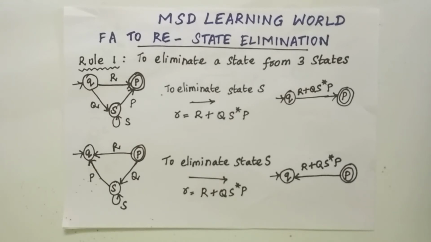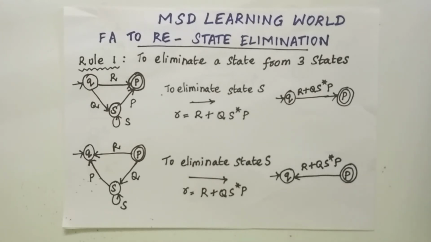To find the regular expression by using the state elimination method, you will be applying 3 rules. The rule number 1: suppose your automata contains 3 states, as you can see in this automata.